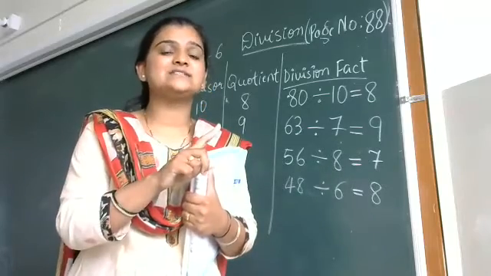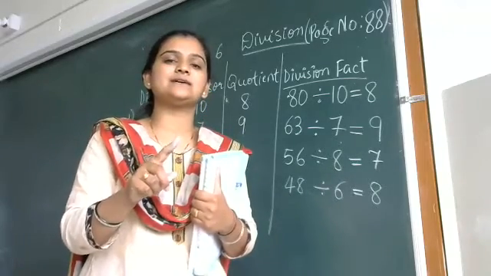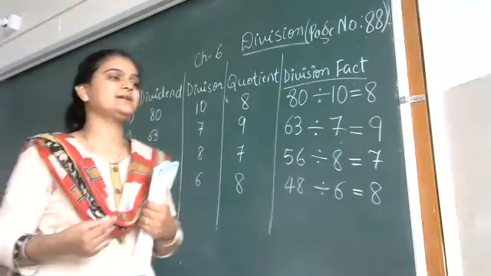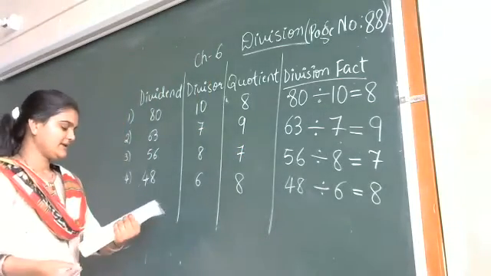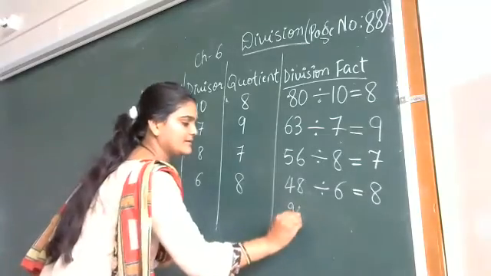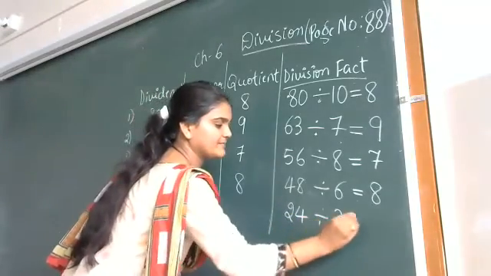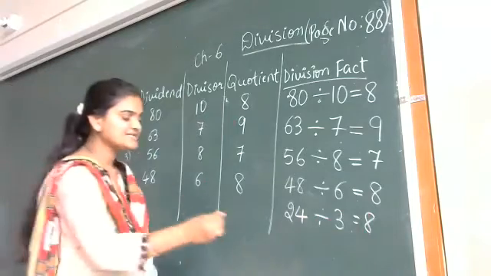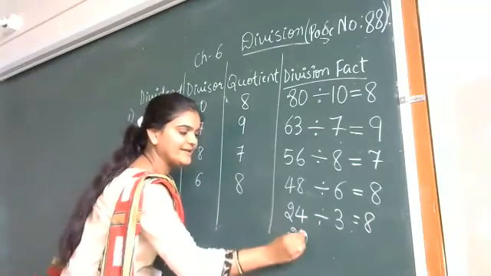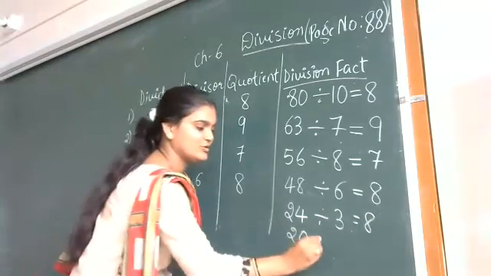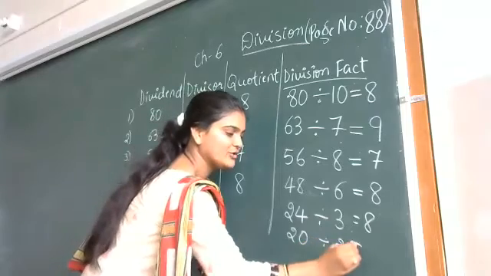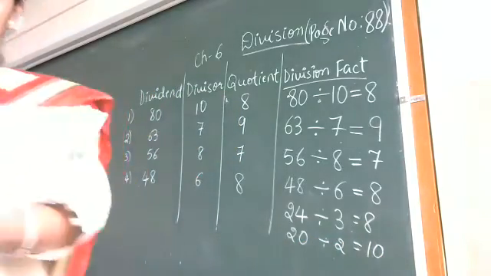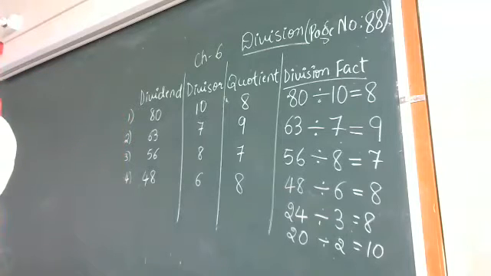The last one: 20 is dividend, 2 is divisor, and the quotient. What will be the division fact? The last one will be 20 divided by 2. Very good, children.